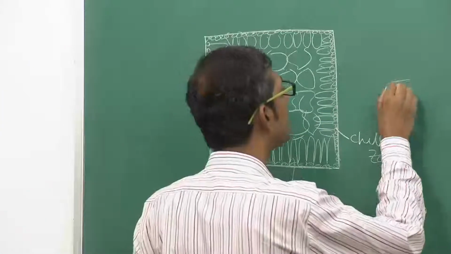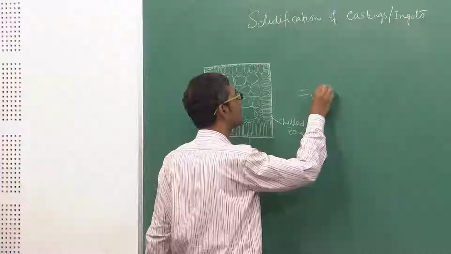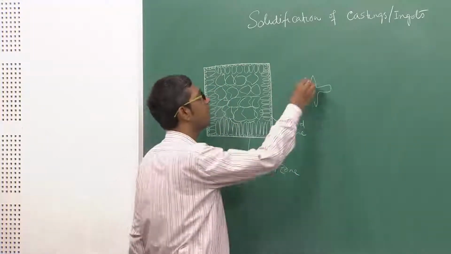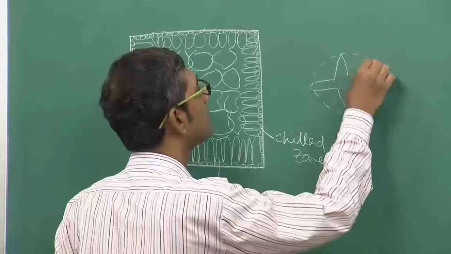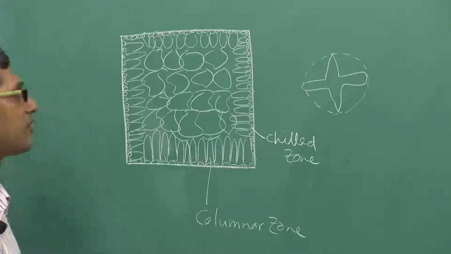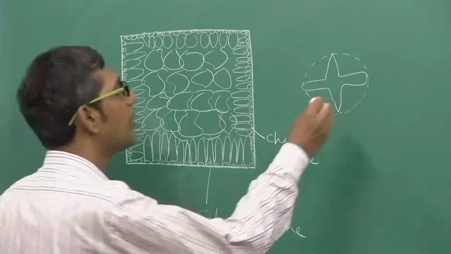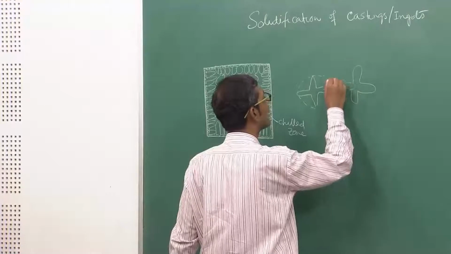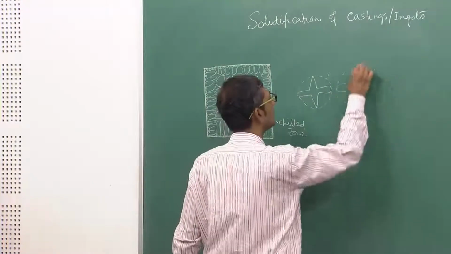These equiaxed crystals will look like this. That is why they are called equiaxed, because they have dendrite arms of equal length. So they will all be present in the central part of this crystal. So that is another one.